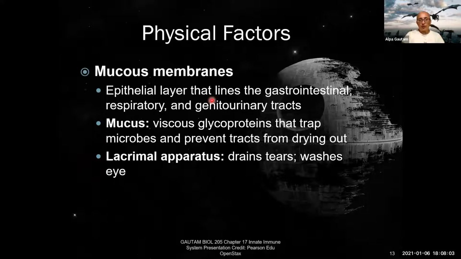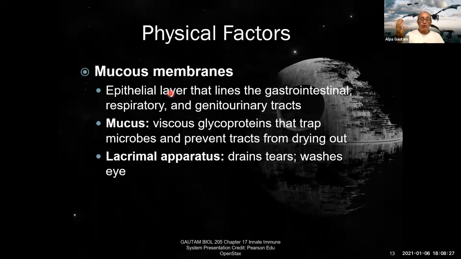Then you have mucous membranes, right? Mucous membranes are an epithelial layer of cells, made up from the epithelial tissue group. The mucous membrane is the part outside the tissue or around the inner cavity. And you have cells present called goblet cells.